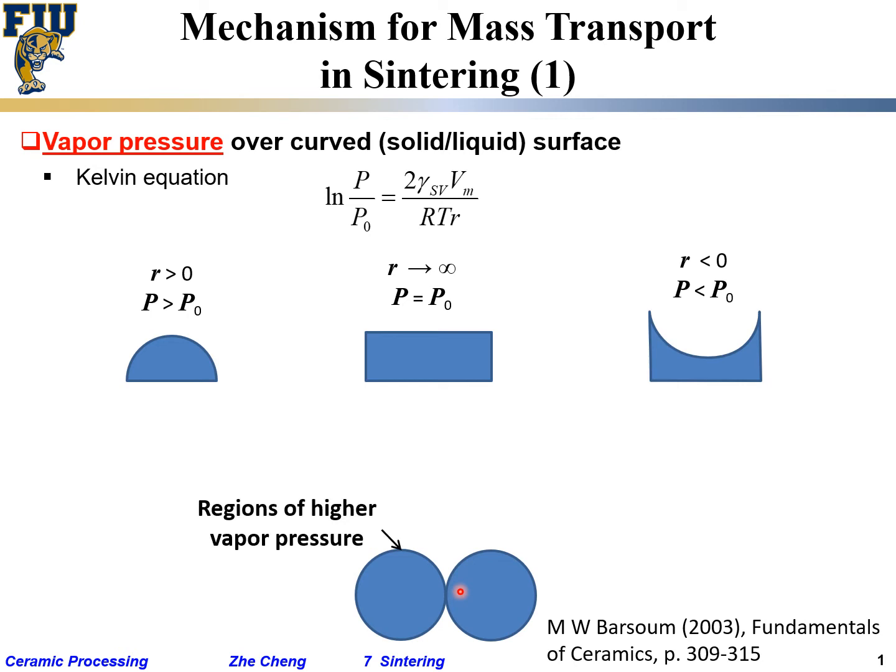Over here, the sticking out location, where we have positive radius of curvature, we would have higher vapor pressure compared with flat. On the other hand, in the so-called neck location, we would have negative radius of curvature and, as a result, lower vapor pressure. Higher vapor pressure in this region, lower vapor pressure in that region.